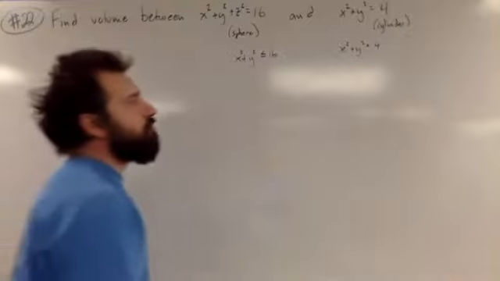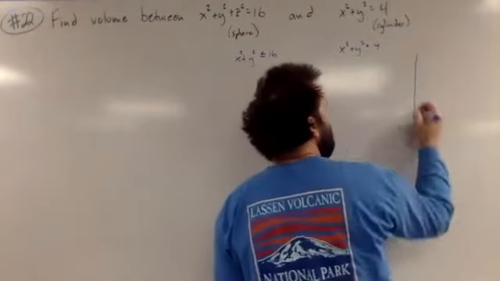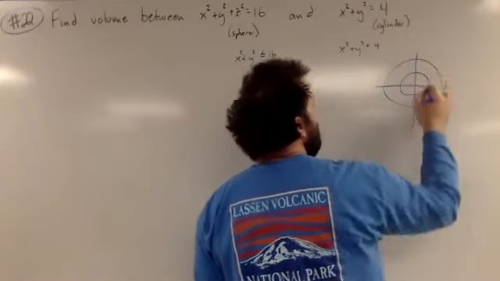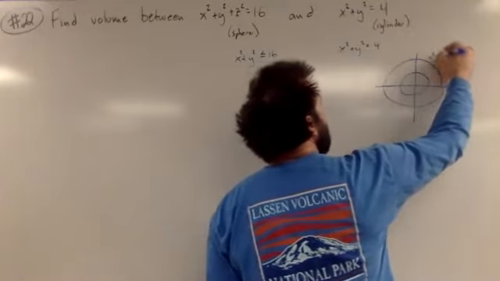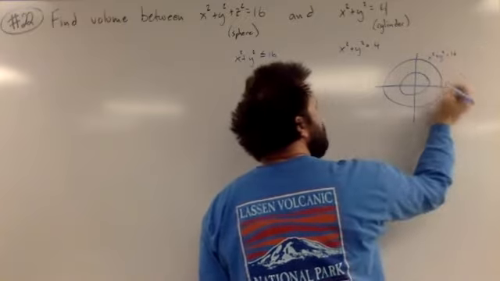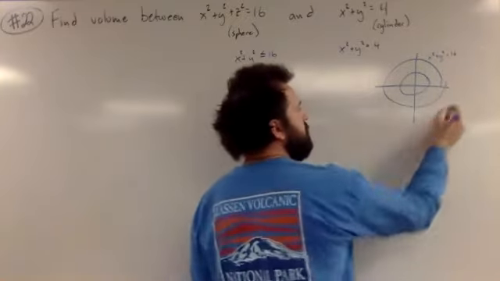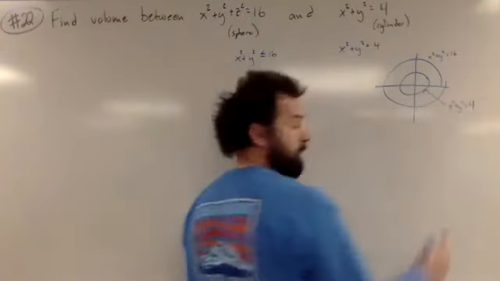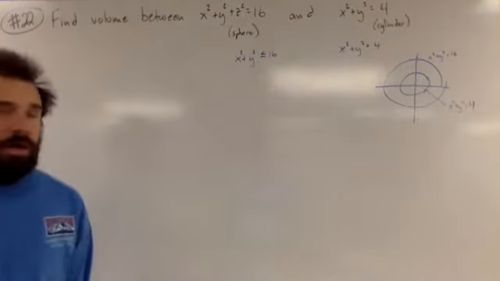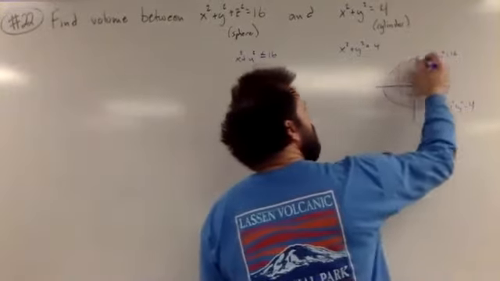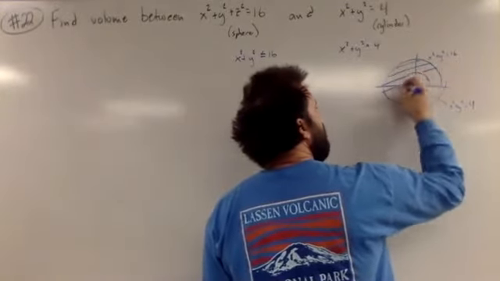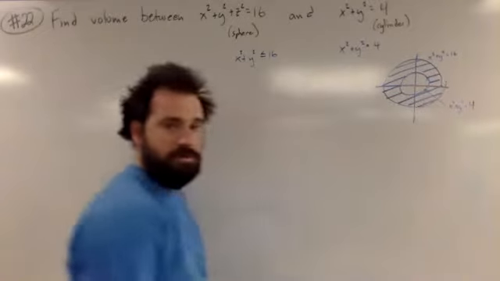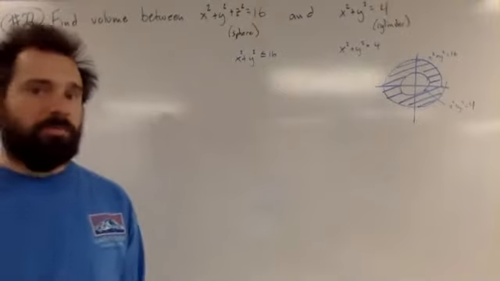So my region of integration has a radius of 4, and this inside one has a radius of 2. I want to integrate over what looks like a donut, or a slice of pineapple with a core taken out.